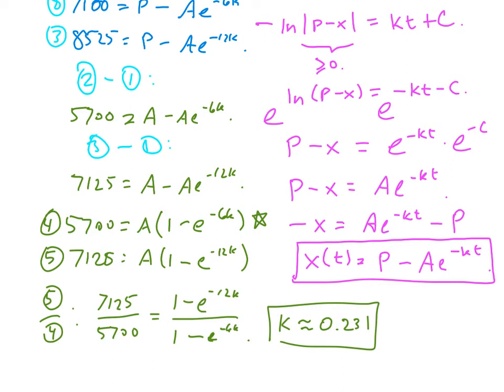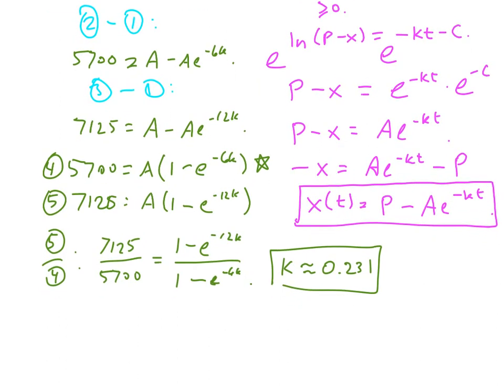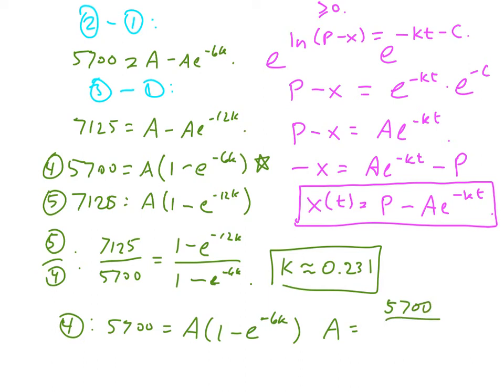Okay, so anyway, what happens next? Equation 4 told me that 5700 was equal to A times 1 minus e to the negative 6k. If I punch in 0.231 into that equation, I'm going to get 5700. So what is A? A is equal to 5700 over 1 minus e to the negative 6 times 0.231.